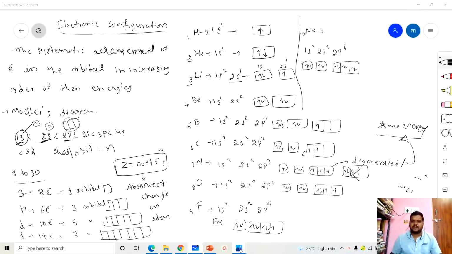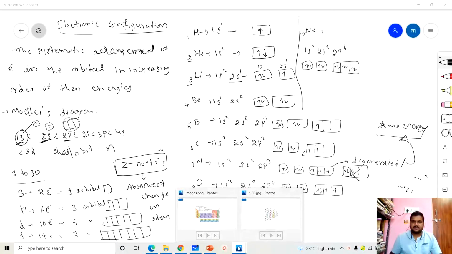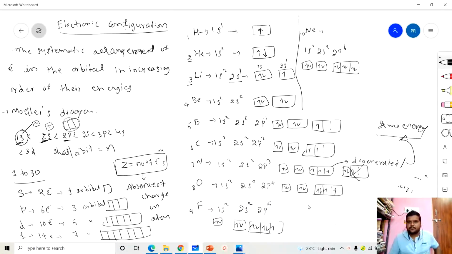I will show you the remaining elements. Next, sodium, atomic number 11: 1s2, 2s2, 2p6, 3s1. After 2p, what do we have? 3s. Yes or no?